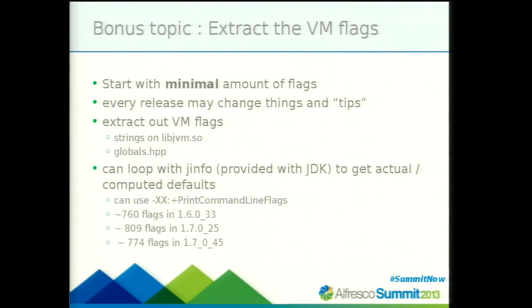So that's pretty useful if you have, for example, put a flag in your config that's actually the default, well, you don't need it. And obviously, you don't need to know all the flags in the JVM because there are close to 800 flags in JDK7, so it's obviously not useful to put them all in.